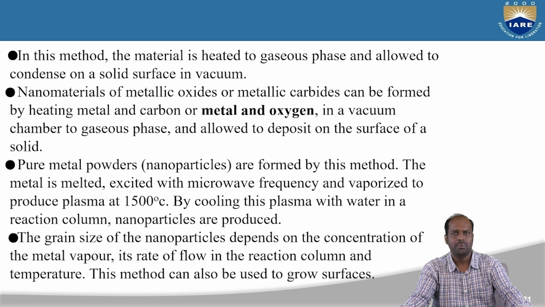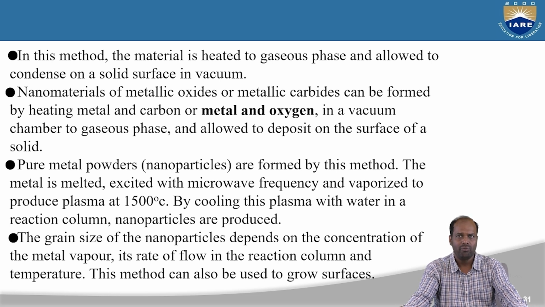Pure metal powders like nanoparticles are formed by this method. The metal is melted, excited with microwave frequency, and vaporized to produce a plasma at 500 degrees centigrade. By cooling this plasma with water in a reaction column, nanoparticles are produced.